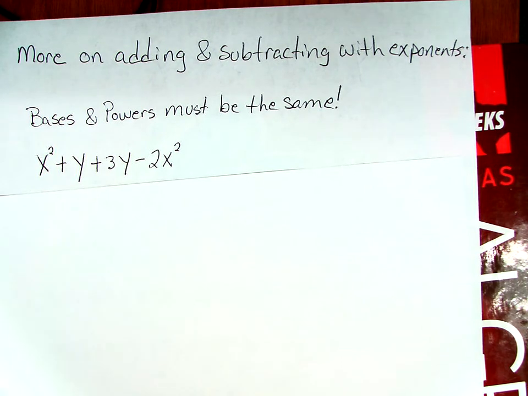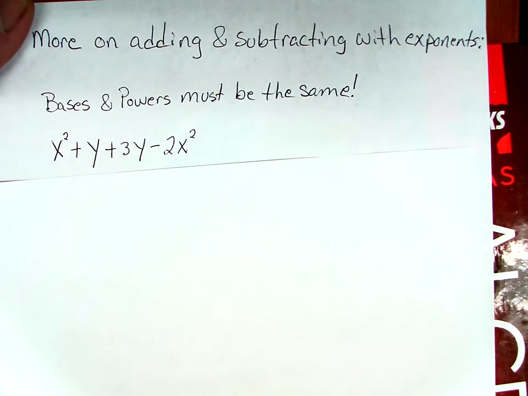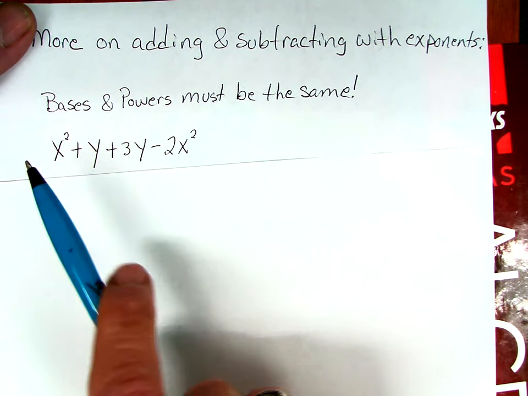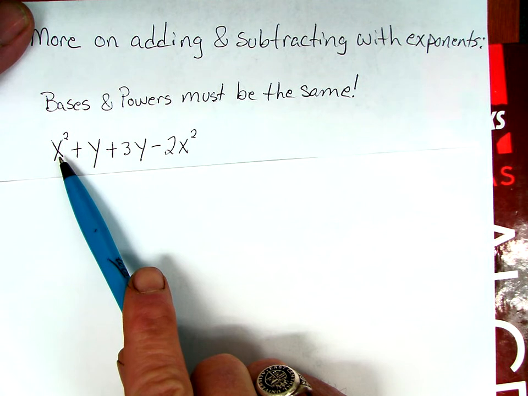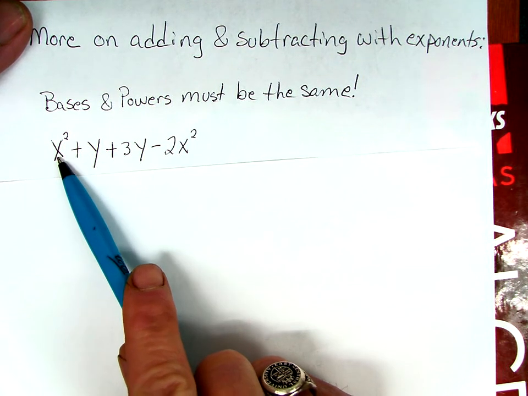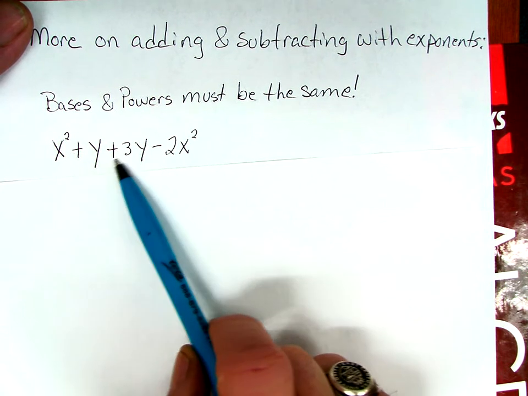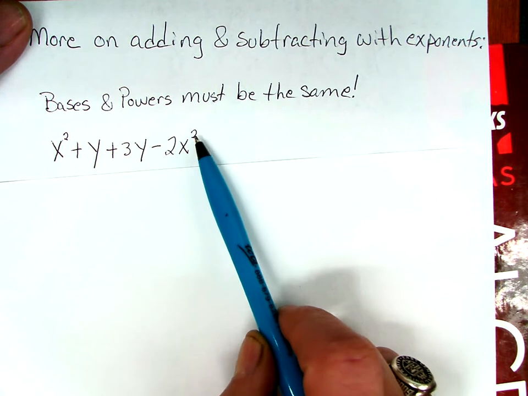Following the things that we talked about in the last lesson, what we want to do is begin by regrouping and putting the like terms together. I always start with the first one and try to match it up with what it's like. The base is x, the exponent is 2, so I look through the rest, and here's another term that has the base of x, the exponent of 2.